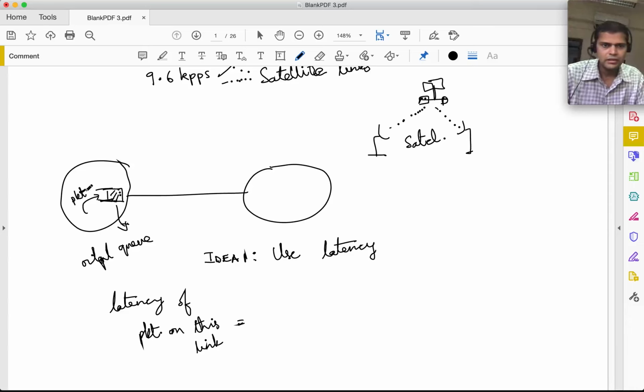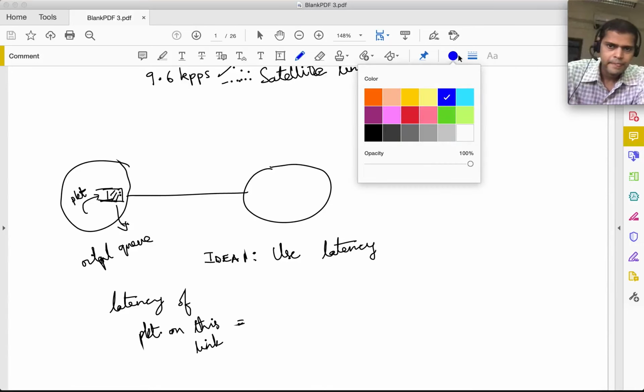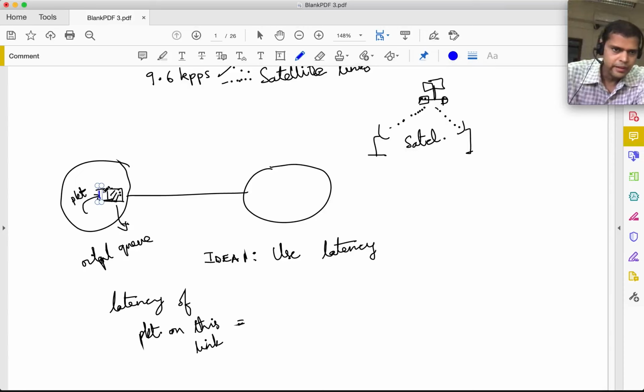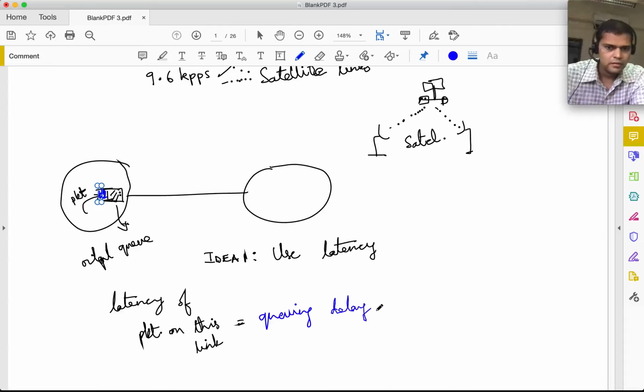So this queue is everything ahead of this packet. So let's say this is the packet that we put in there. Once the queue gets empty, that's what we are calling the queuing delay. The first bit of this packet gets sent on this particular link, and that first bit takes some particular delay to go here, and let's just call it the speed of light delay.